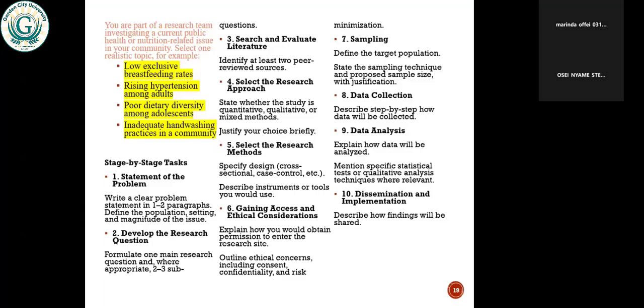When we are talking about the problem statement, though you have identified the problem, inadequate access to clean water, you start by giving a broader perspective of this before you specifically go to your context.